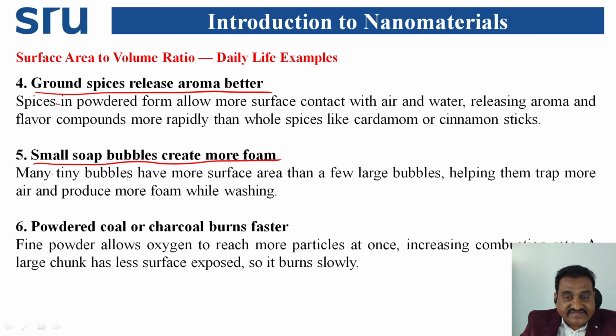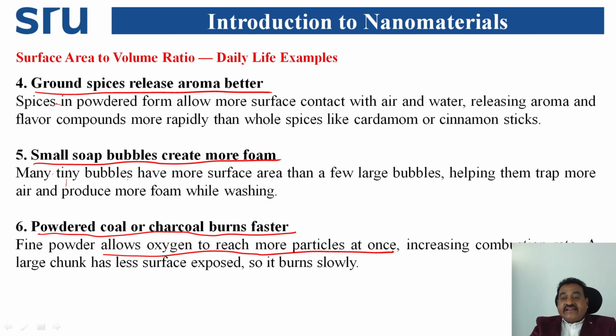Many tiny bubbles have more surface area than a few large bubbles, helping them trap more air and produce more foam while washing. Another example: powdered coal or charcoal burns faster. Fine powder allows oxygen to reach more particles at once, increasing combustion rate. A large stick has less surface exposed, so it burns slowly.